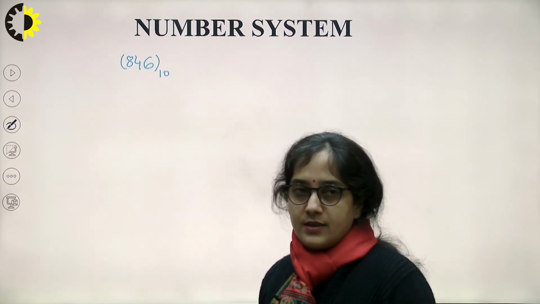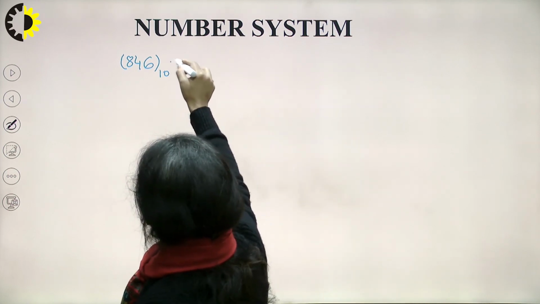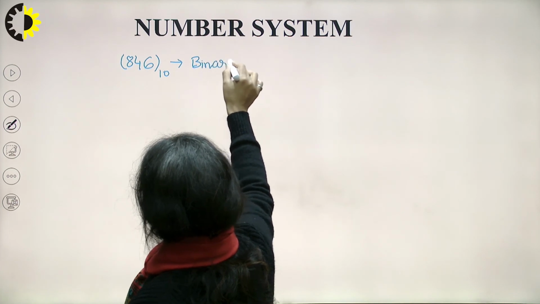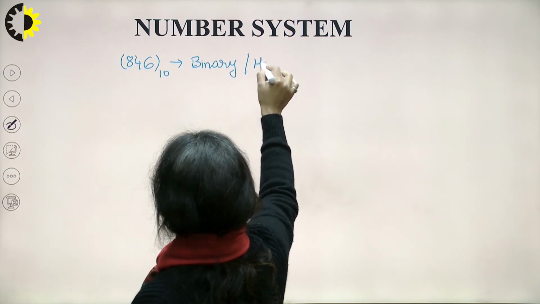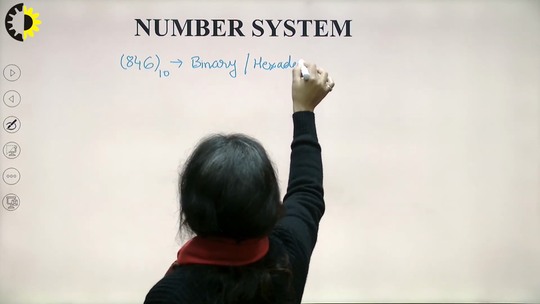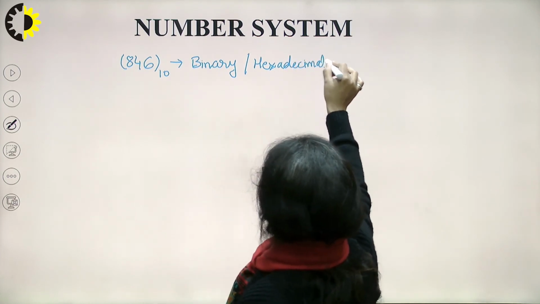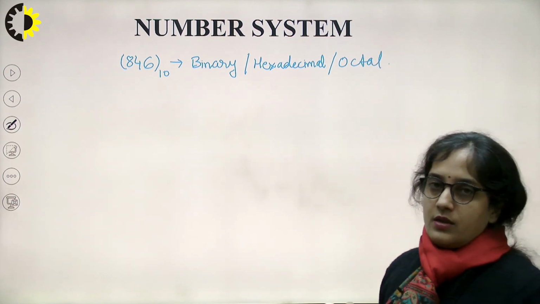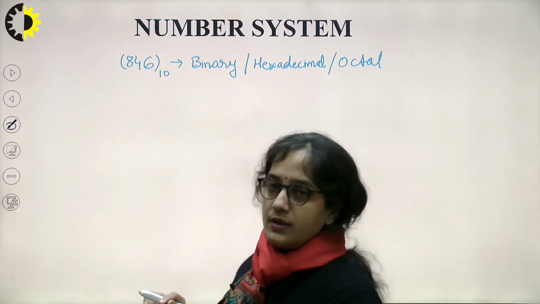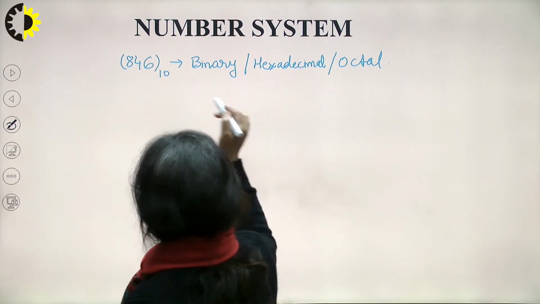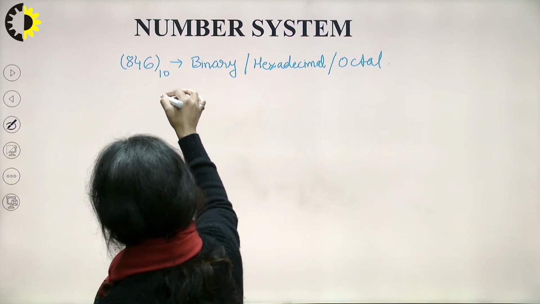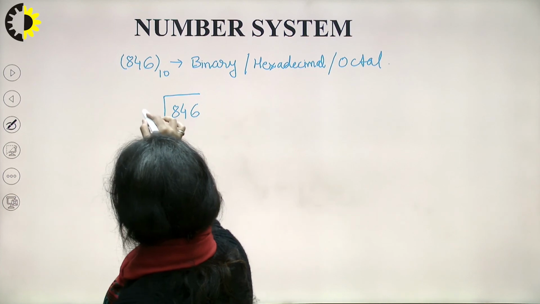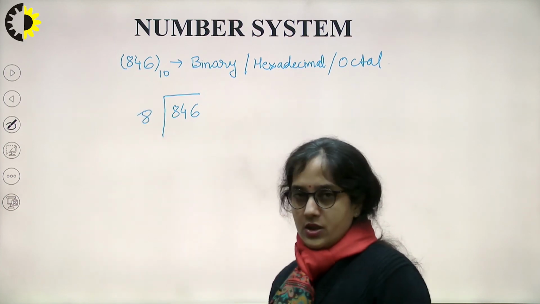Now I am using base 10, so I have to find its equivalent binary, or hexadecimal, or octal. Let us go with octal. We will take 846 and divide it by 8.